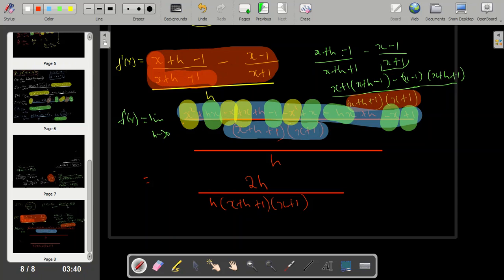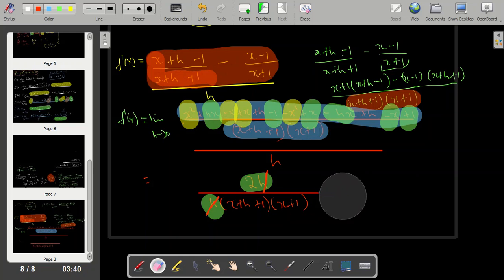Okay, so at this point we have to know that since there is h on top and h down like that, we can cancel out these two. So this is what we are going to remain with. We shall now remain with 2 over.